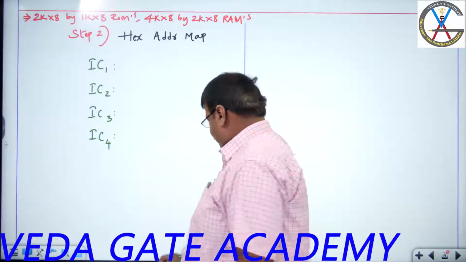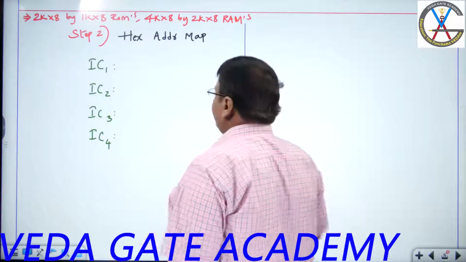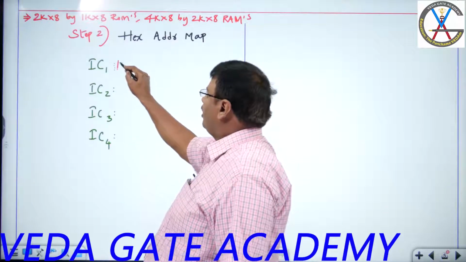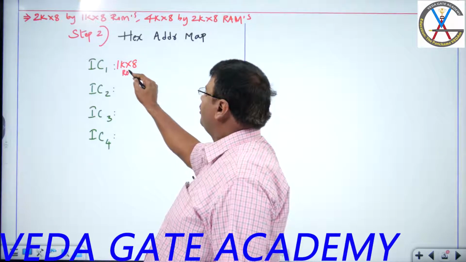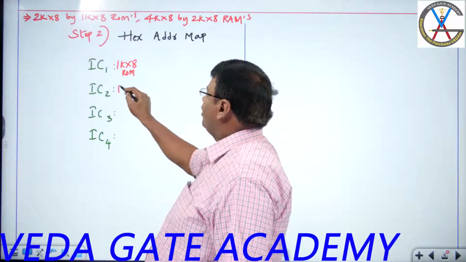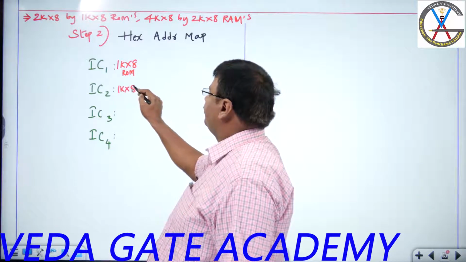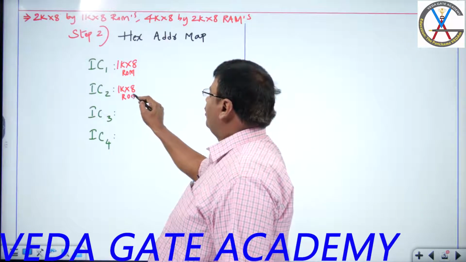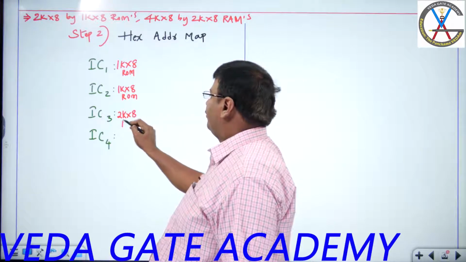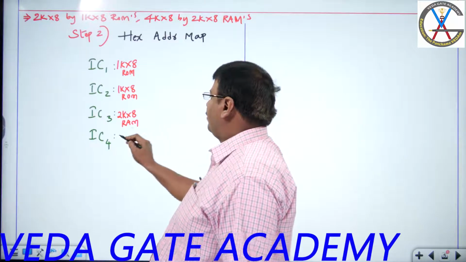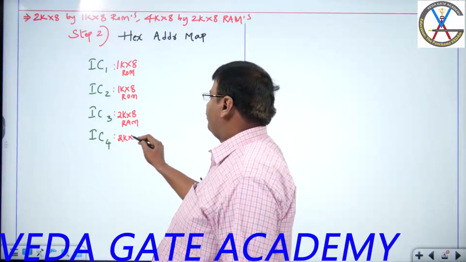What are the size of them? 1K ROM, another 1K ROM, 2K RAM, another 2K RAM.